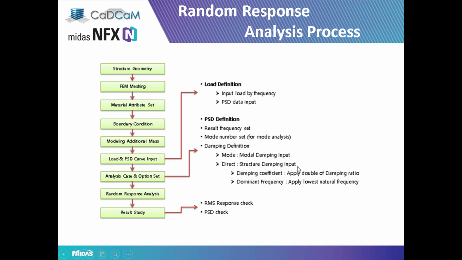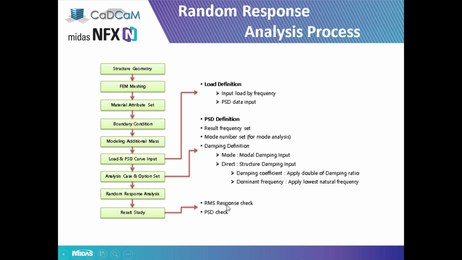Direct structure damping input: the damping coefficient can be applied as double the damping ratio. Dominant frequency we can also define and apply the lowest natural frequency. We define the random response analysis in MIDAS, and then we get the results and study them.